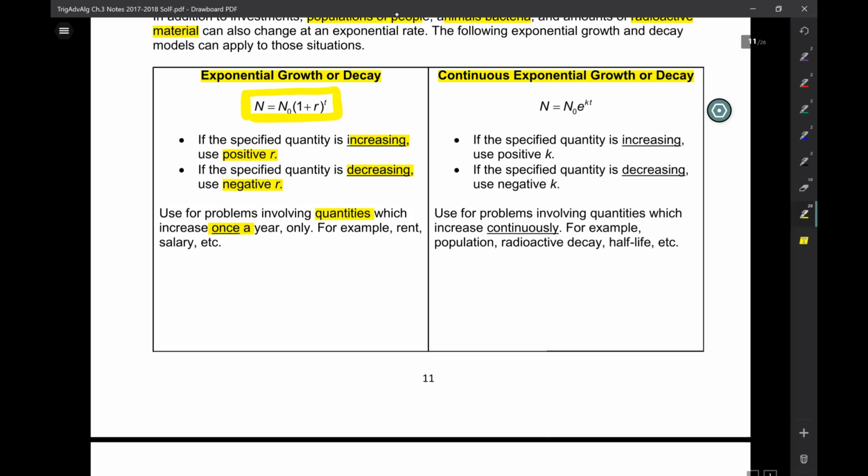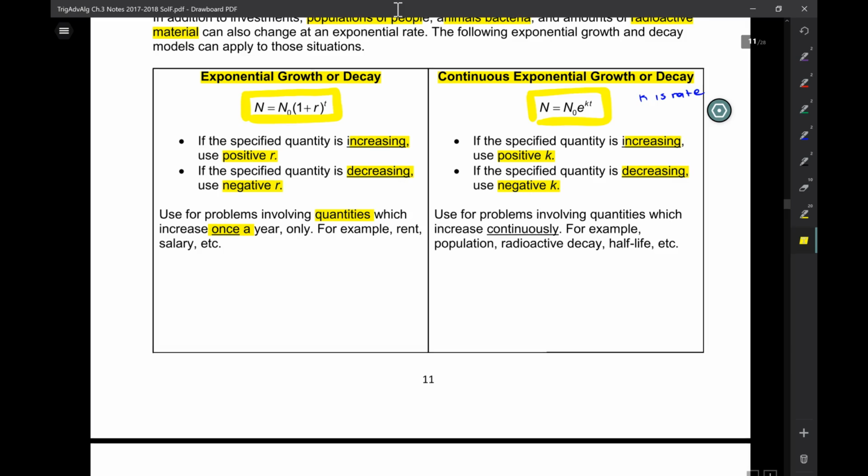And this is the formula for that. Here, K is rate, not R, because it was too simple to have the same variable. If the quantity is increasing, positive K; decreasing, negative K. You use this for problems involving quantities which increase or decrease continuously.